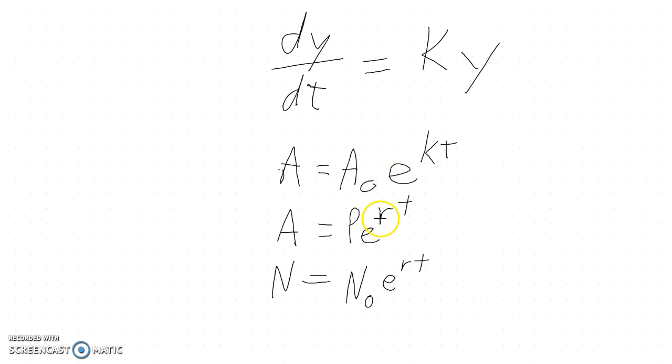Same basic equation, obviously. In chemistry, we sometimes write it as N, the number of particles, equals N sub 0 times e to the rt. You can also do this with moles in chemistry. These equations are all the same, and they actually all derive from this differential equation.